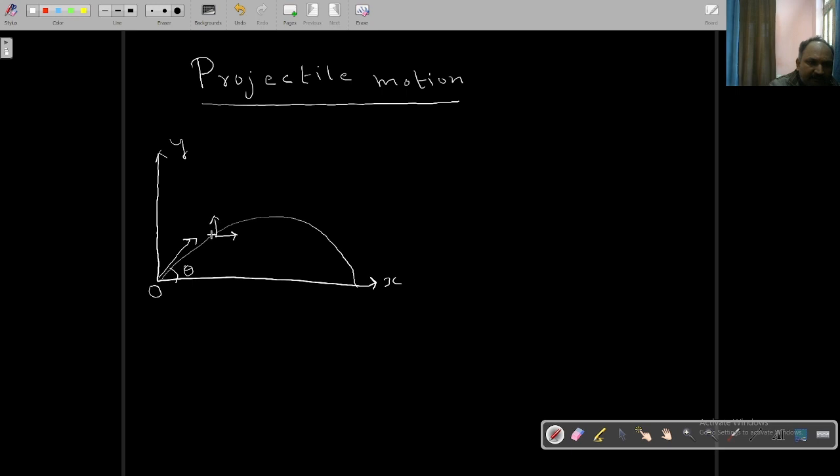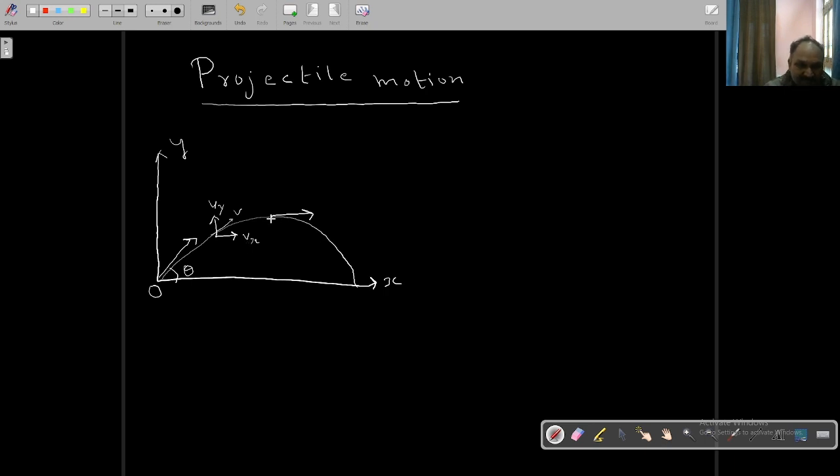At any point, the tangent to the trajectory will give the resultant velocity, and we can always have a component in x direction and a component in y direction. Suppose we throw a ball to the other fielder, it reaches the maximum height and then comes back to the ground due to the effect of gravitational force.